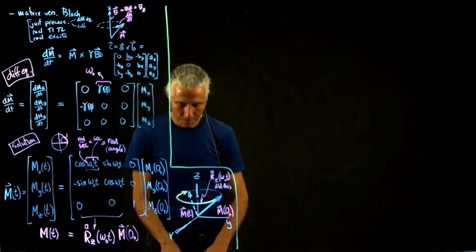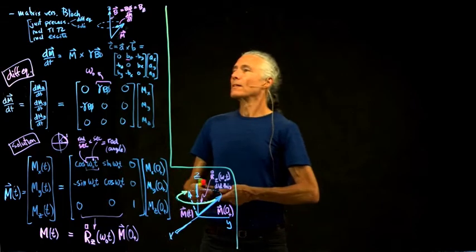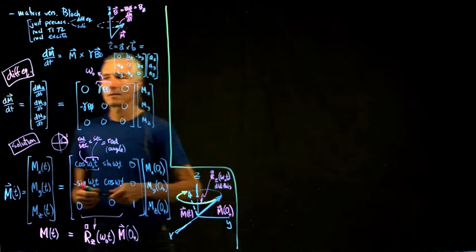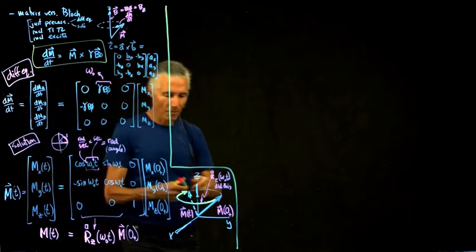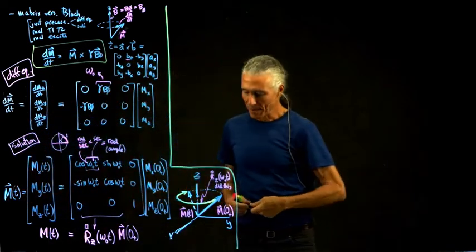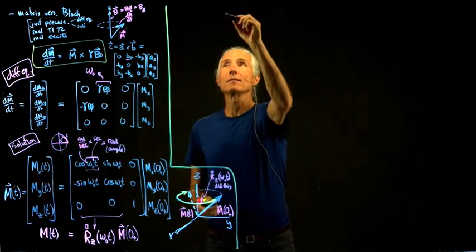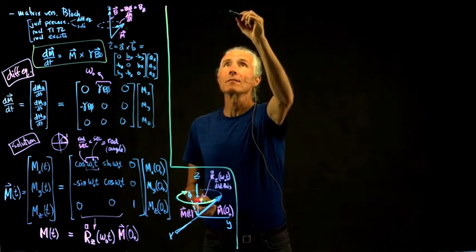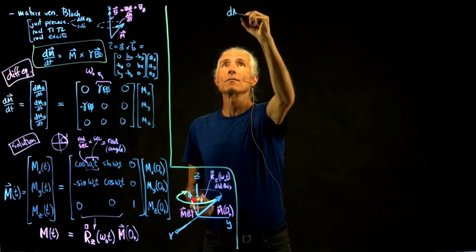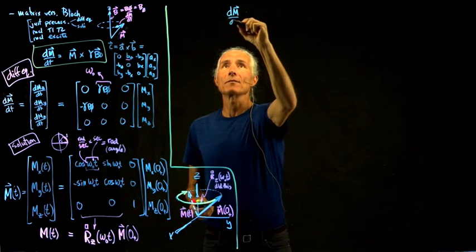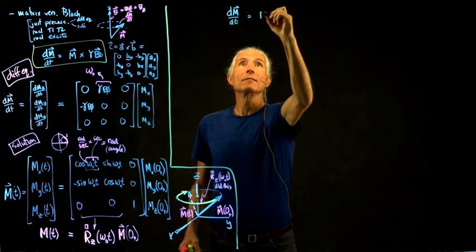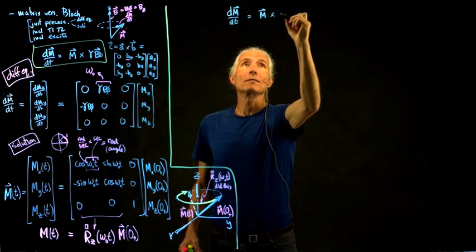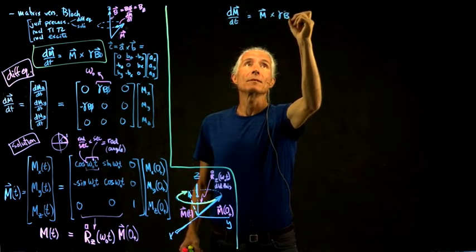So if here's our initial Bloch equation without the other two terms, now we want to put in the whole Bloch equation. So the whole Bloch equation has those other terms in it, and so that equals the m vector crossed with the b vector. That's the part we just did.